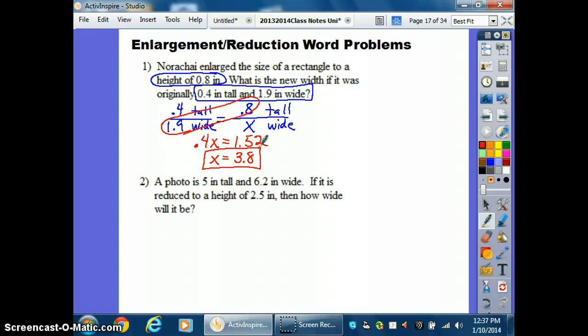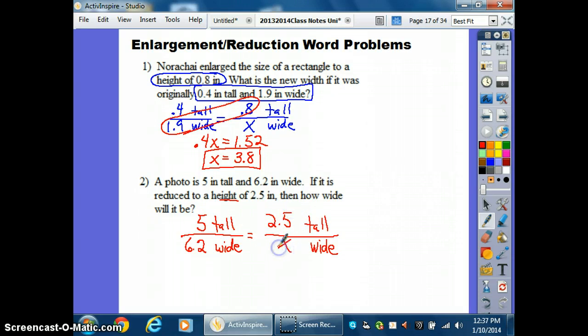Okay, the next one. 5 inches tall, the photo is. This time we're going to reduce it. 6.2 inches wide. Okay, and then it says we're going to reduce it to a height, that'll be tall, 2.5.